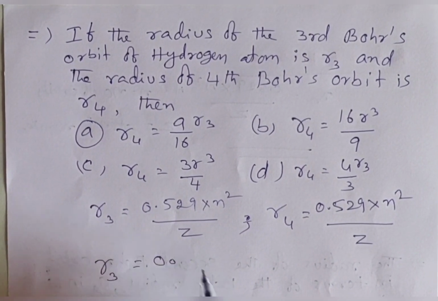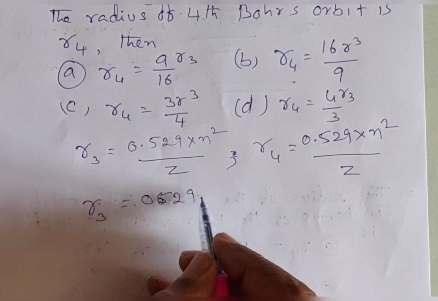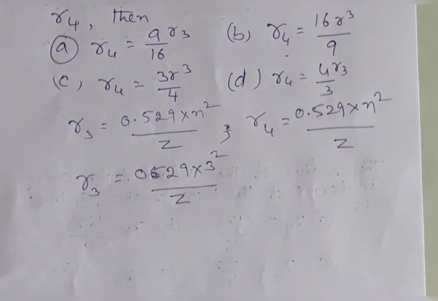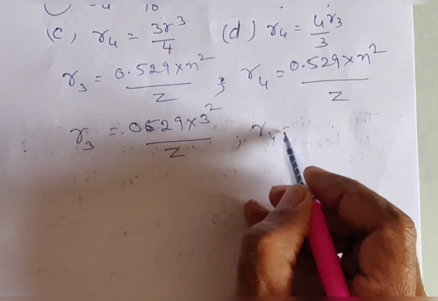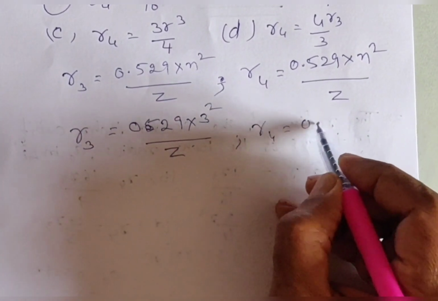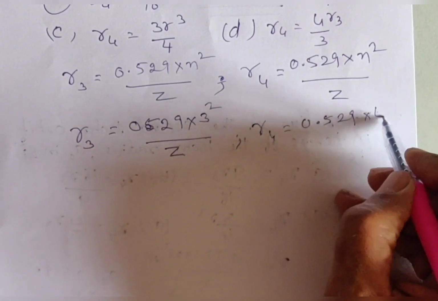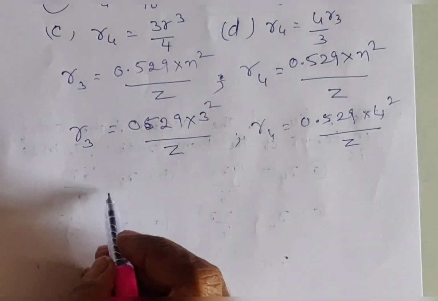Now here R3 means third orbit. That is 0.529 into 3 square by Z. Then R4 is equal to 0.529 into n is equal to 4 square by Z. Z is equal to 1.